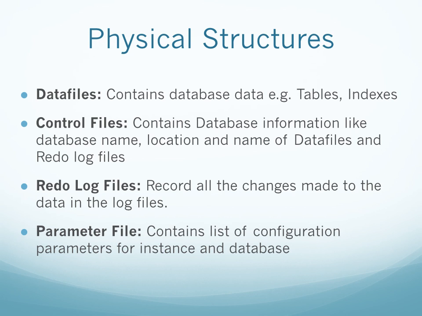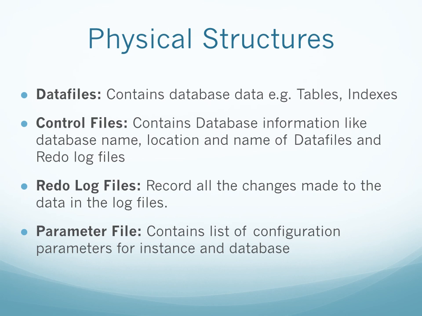These contain the database data, for example tables, indexes, etc. Then come the control files. They contain database information like the database name, location, names of data files, and redo log files. The redo log files record all the changes made to the data.